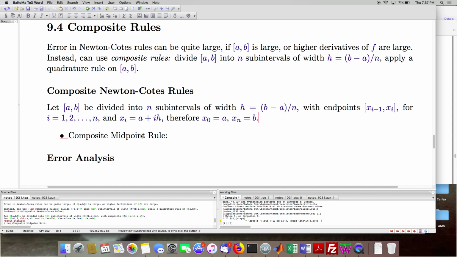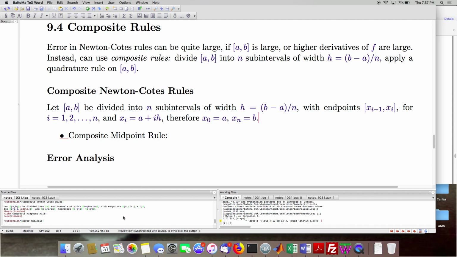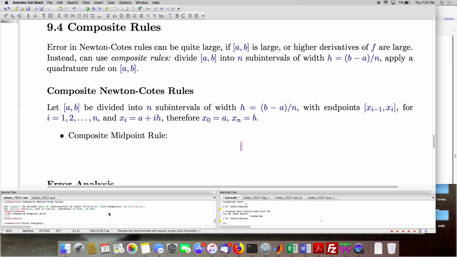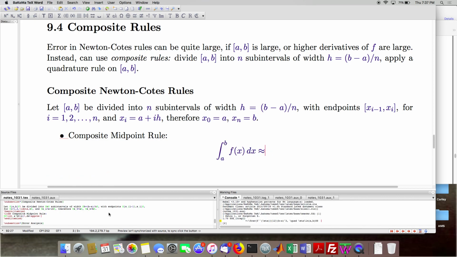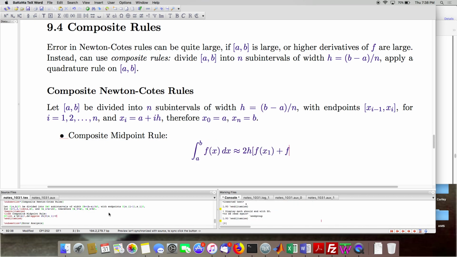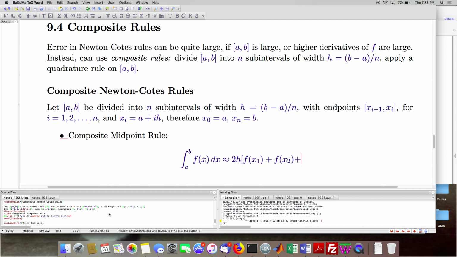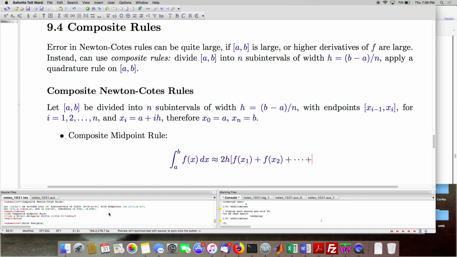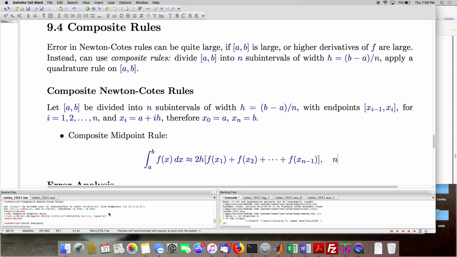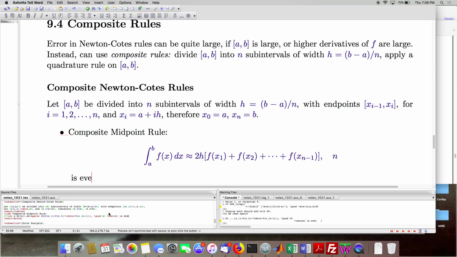Okay. All right, so the composite midpoint rule is that the integral would be 2h times f of x1 plus f of x2 plus, and so on, f of x_{n-1}, where n is even.